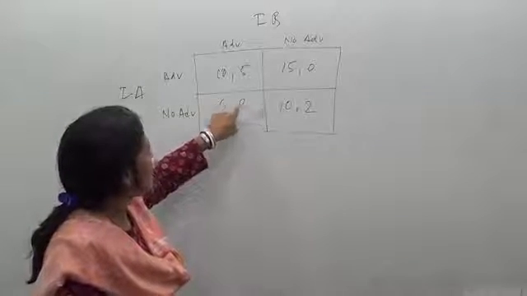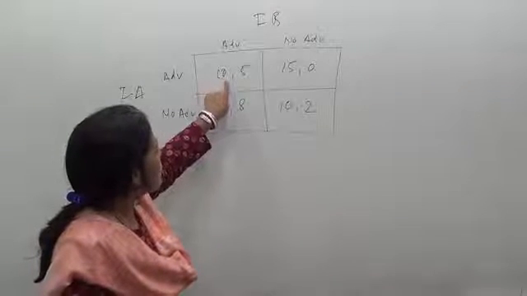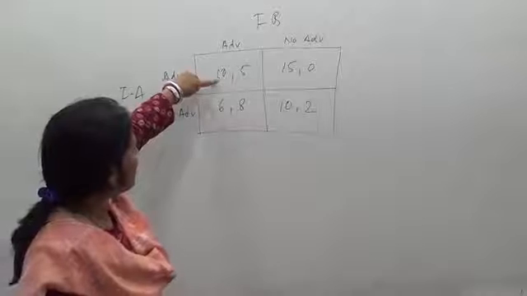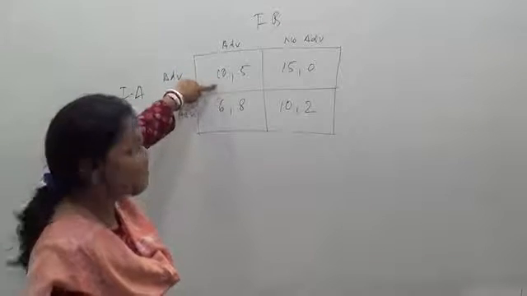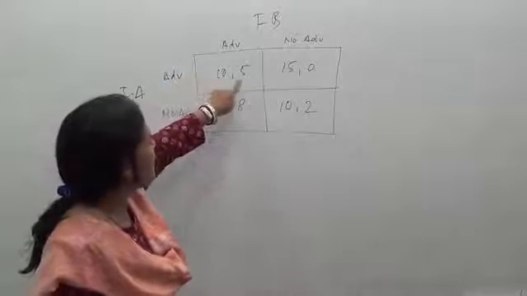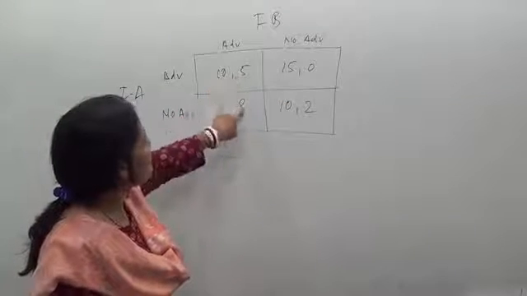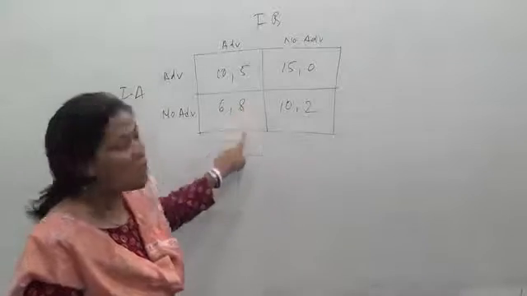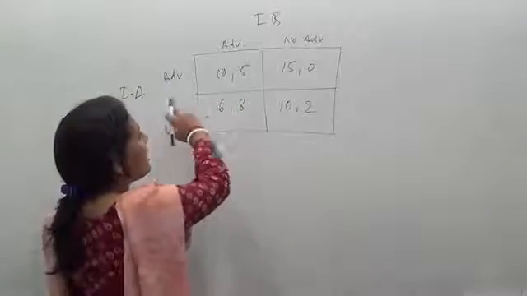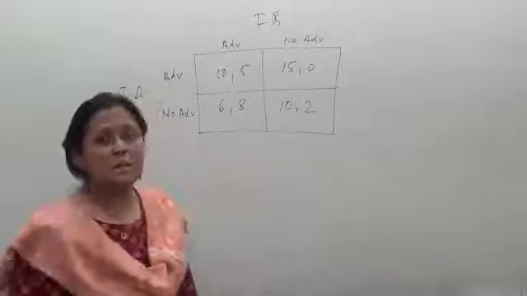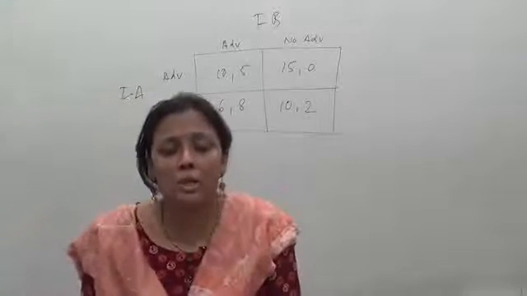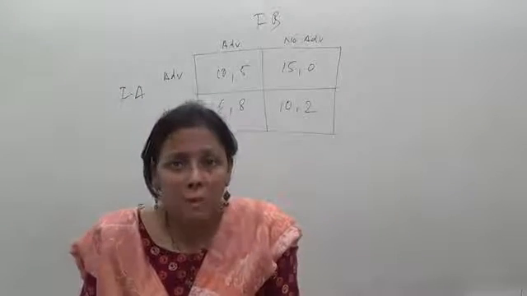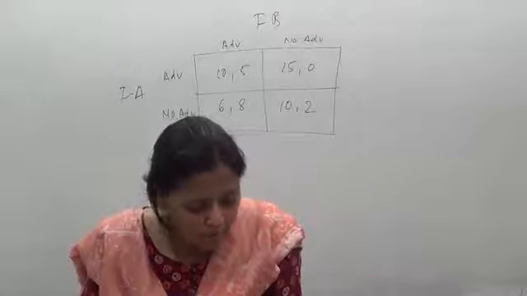So the best solution for A, comparing 10 and 6, was 10, and for B, when we compared all of them, we find that advertisement is the best. So for both A and B, advertisement is giving the best solution, and so it is called the dominant strategy, advertisement for both firm A and B.